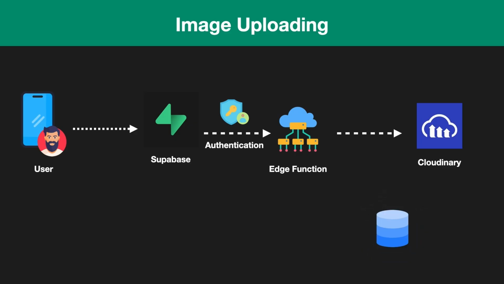And after we get the response from Cloudinary, we are going to be storing that data inside our database, that is the Supabase Postgres database. In this way, our application is going to work. Let's start building it step by step.